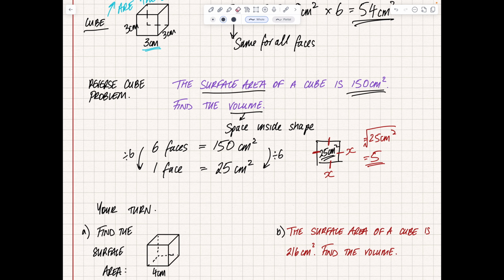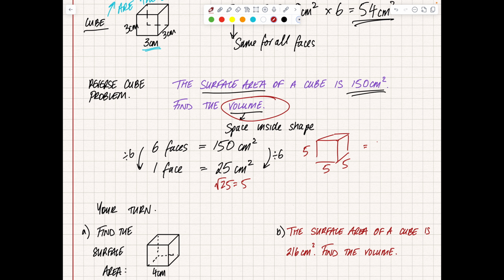So in my cuboid, sorry, my cube, because every single face is the same, we're taking the square root of 25 to get 5. So that's 5, and that's 5. And therefore, to find the volume, I just do 5 times by 5 times by 5, which would give me 125. And volume's different, centimeters cubed. Okay, so that's how you work with a reverse problem.